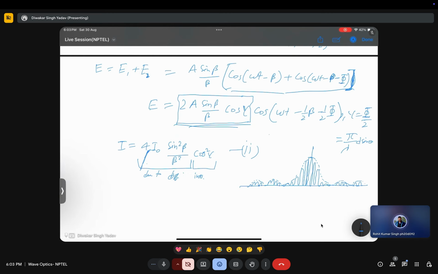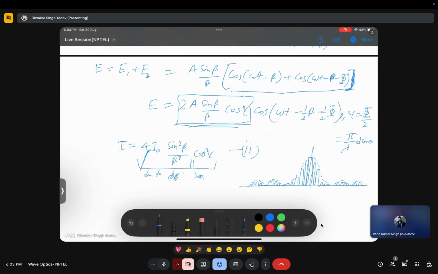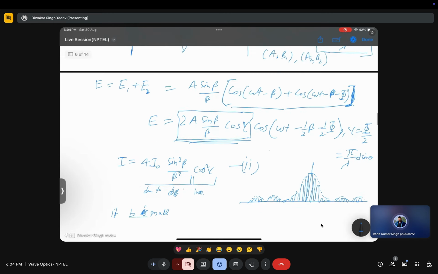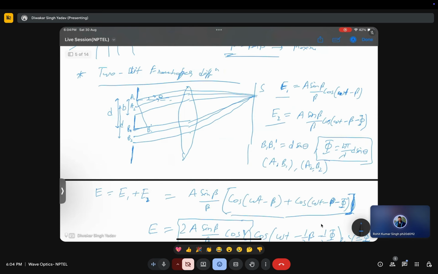And from here you can see that if b is very small, so b is small means we don't have to consider this division of wavefront.